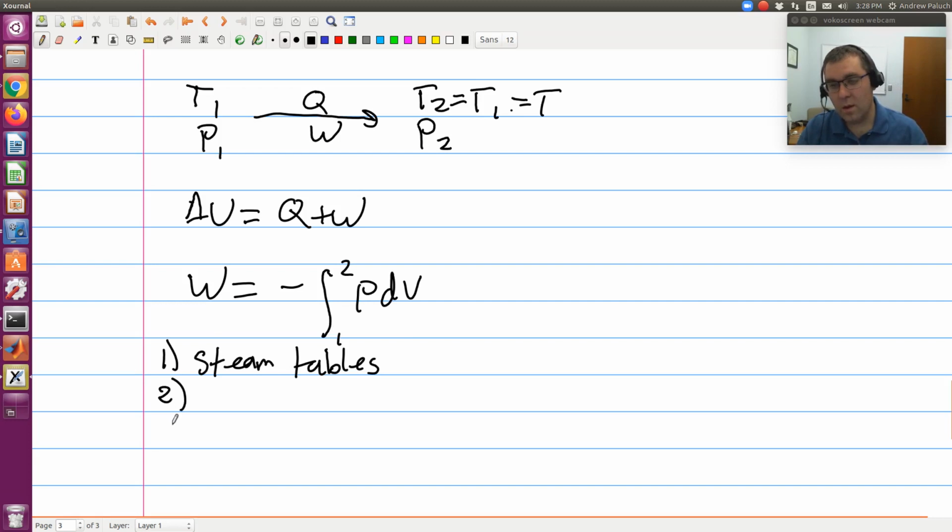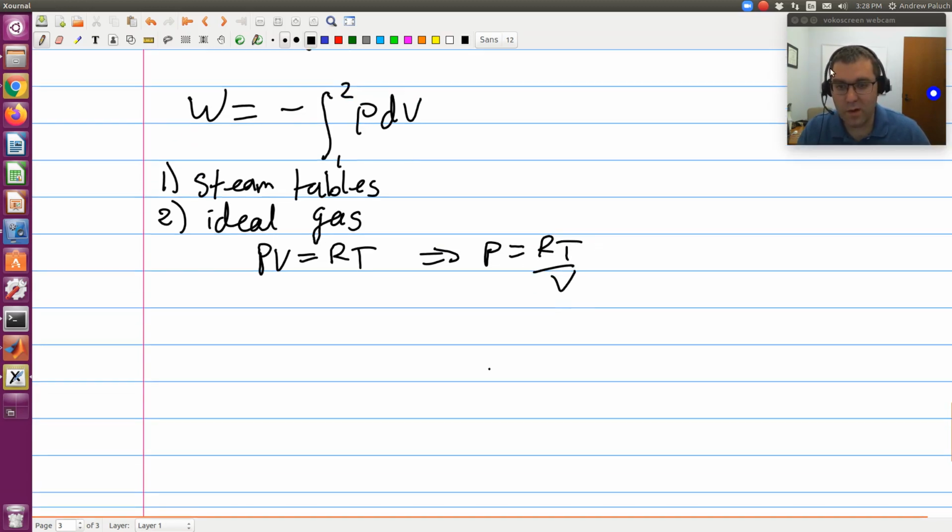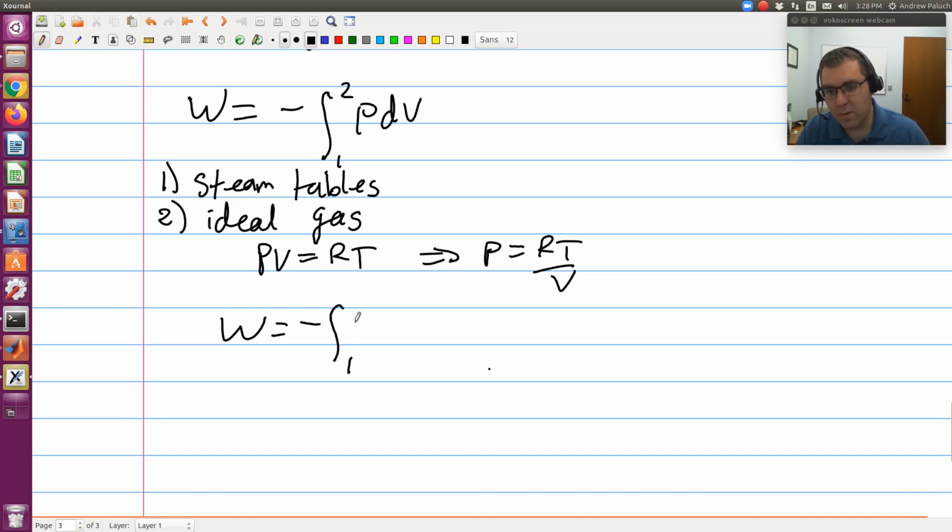Now, for the case of an ideal gas, we have an analytic relationship between P and V. Namely, for an ideal gas, we have our ideal gas equation of state. So for an ideal gas, we know that PV is equal to RT. Solving for P, I know that P is equal to RT over V. So if I come to my work expression, W is a negative integral from 1 to 2 of P dV.